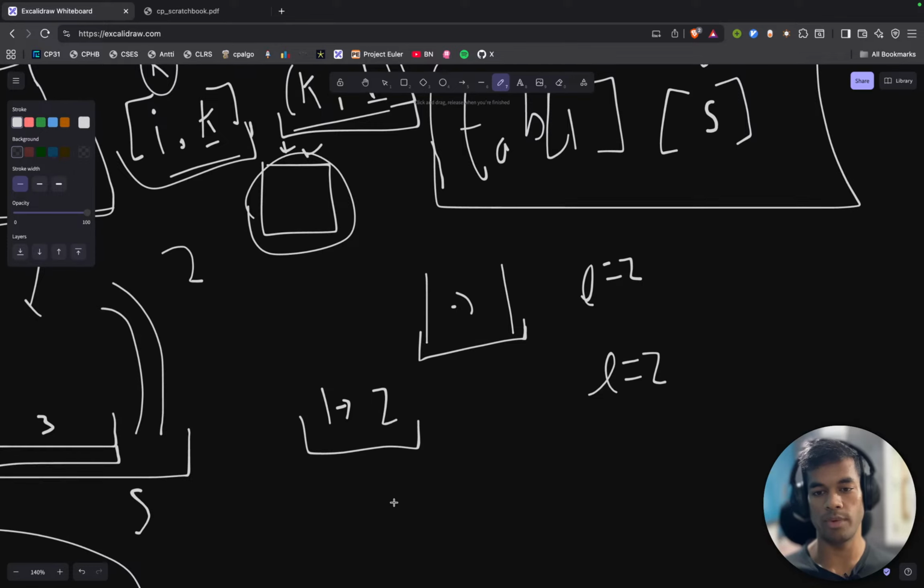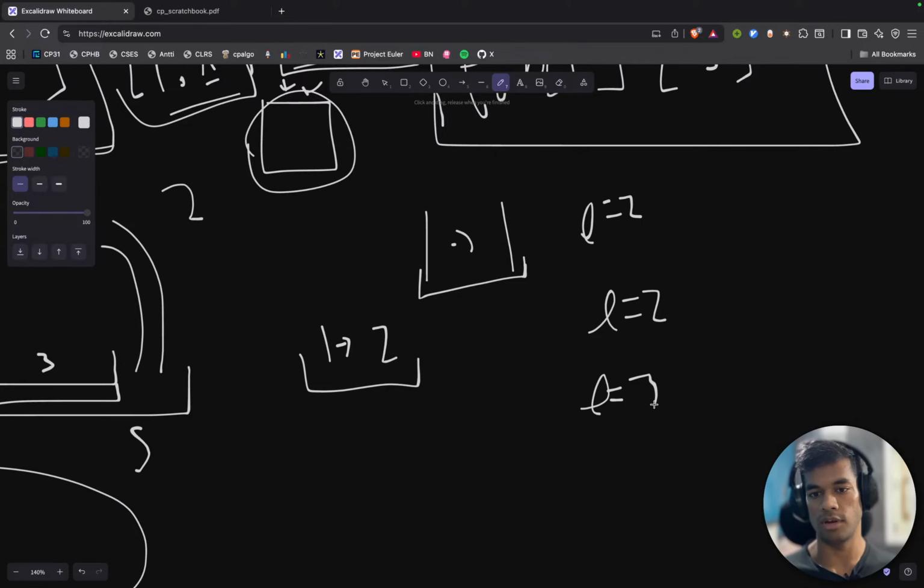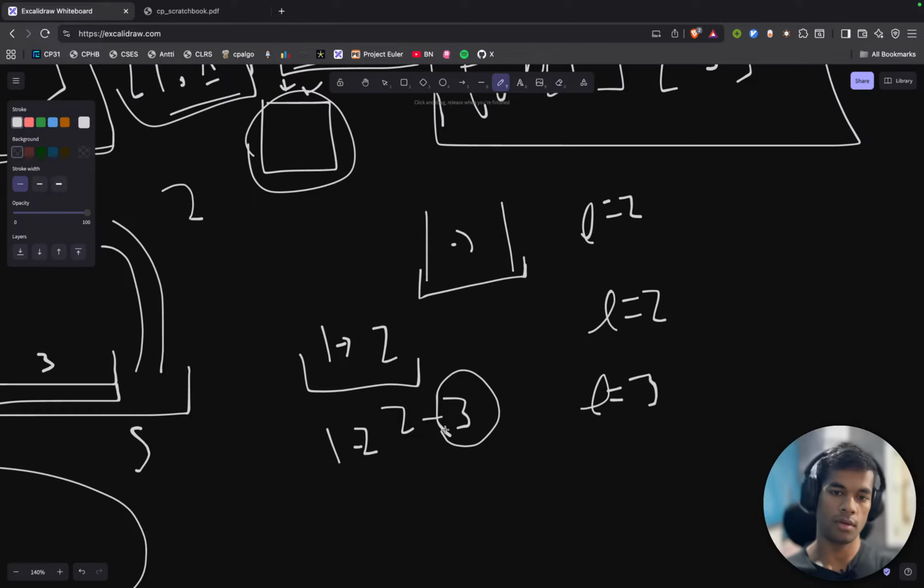And when L equals 3, we will go from 1 to 2 to 3. And whenever we are finding some answer, of course, we would be calling internally something else also. That makes sense.